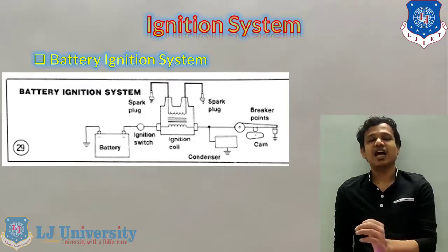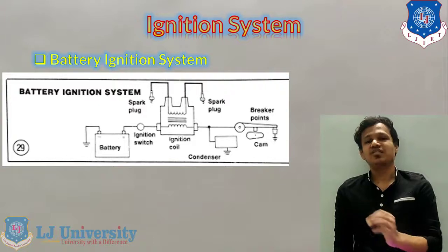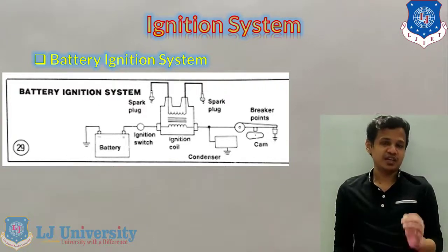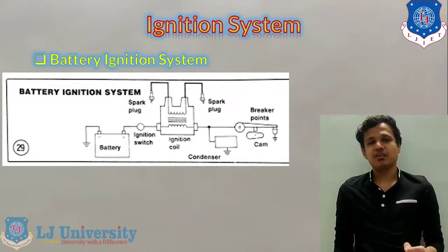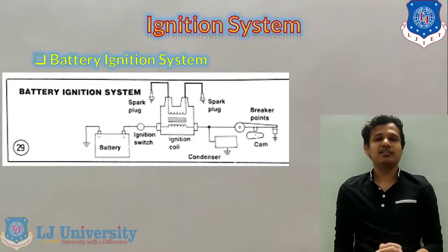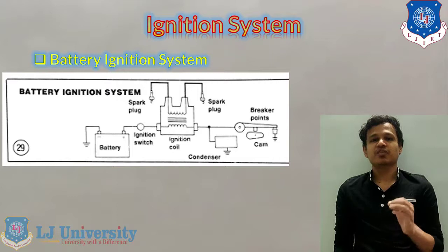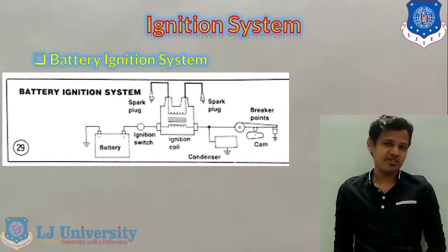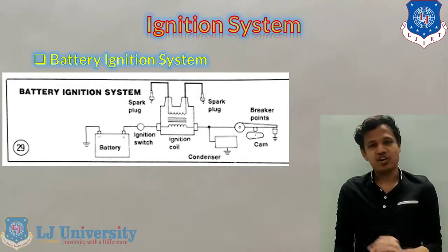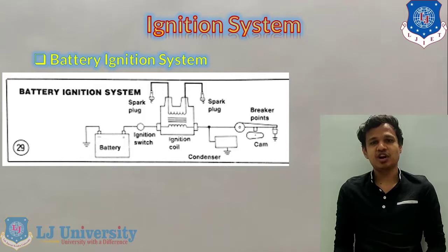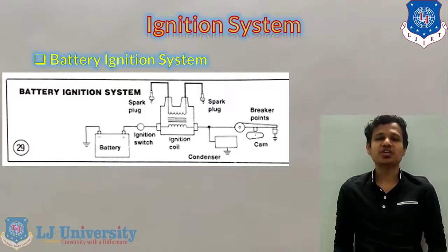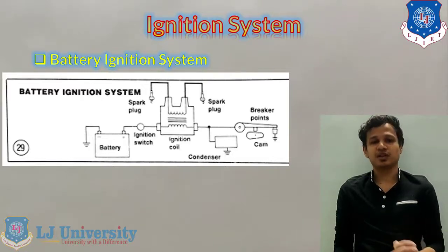Because as I said earlier, the voltage which is required for the spark plug in case of the petrol engine will be around 11,000 to 20,000 volts, and our battery supplies 12 volts. So because of that, the voltage amplification is required, and for that amplification of the voltage, the ignition coil is given. With the ignition coil we have connected the spark plug.